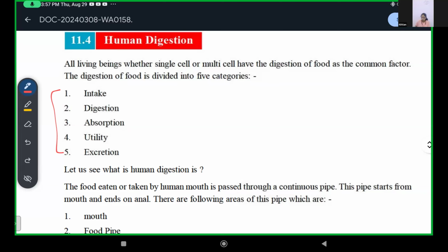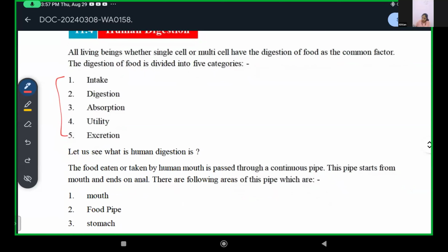It's excreted. All right. So now the food eaten or taken by the human mouth passes through a continuous pipe. This pipe starts from the mouth and ends at the anus. Therefore, there are the following areas of this pipe.